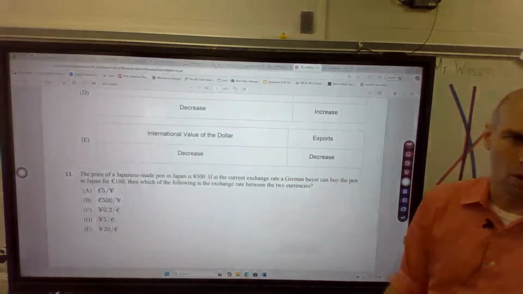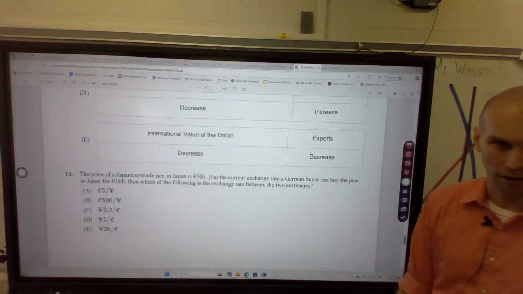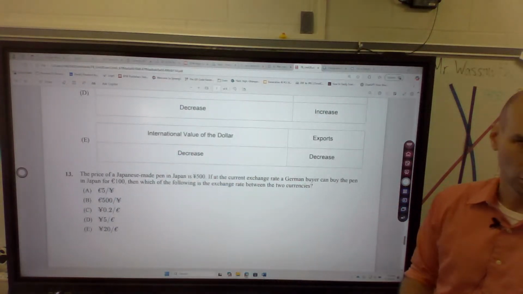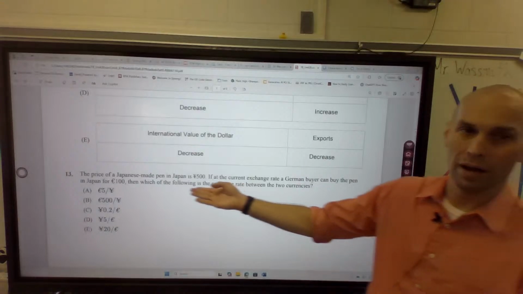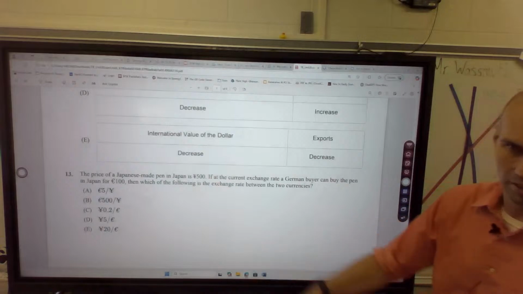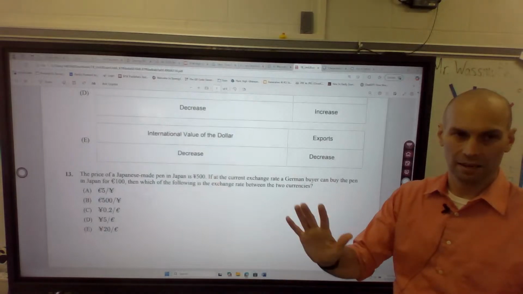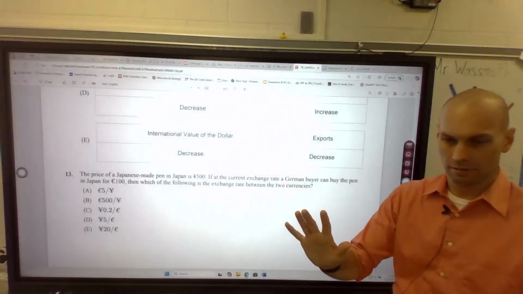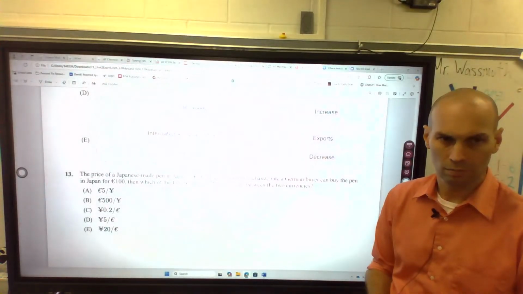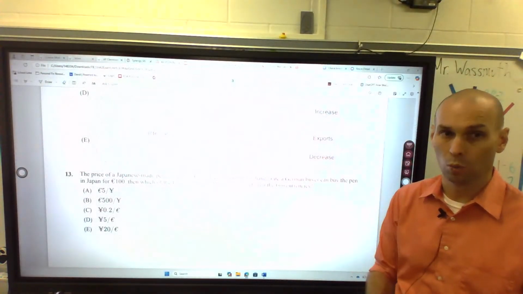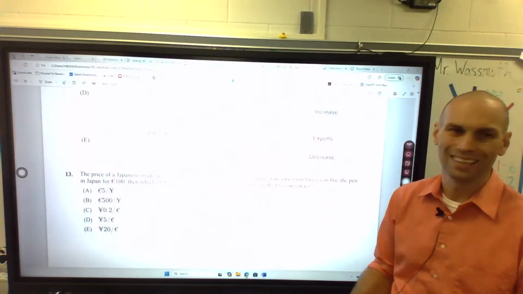If you're wondering which one is more valuable, euros or yen in this example? Euros, because 100 will buy you the pen, but it takes 500 yen to buy the same thing. So yen would have to be the less valuable currency. So 1 euro will get me 5 yen, or 1 yen will get me 0.2 euros, or 20 euro cents.